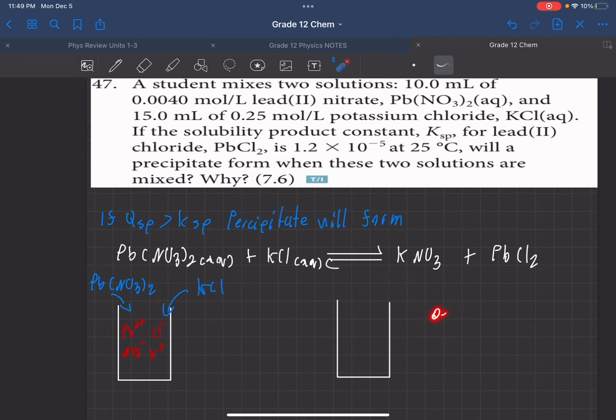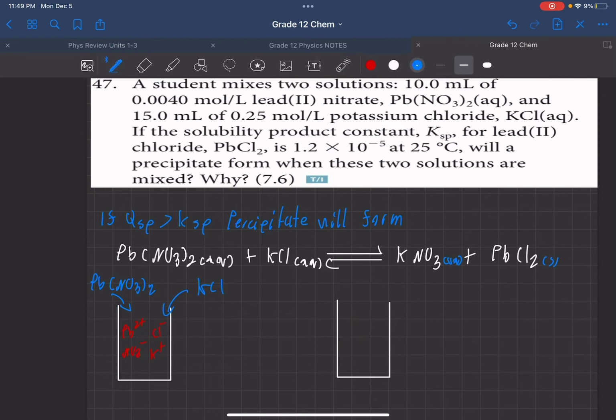But the more tightly held these are together, the more hydration energy, or water energy, is required to separate them. So based on that knowledge, we can say that PbCl2 is a solid and potassium nitrate is aqueous. If you do have your solubility rules, you should know that any nitrate is always going to be aqueous, right?